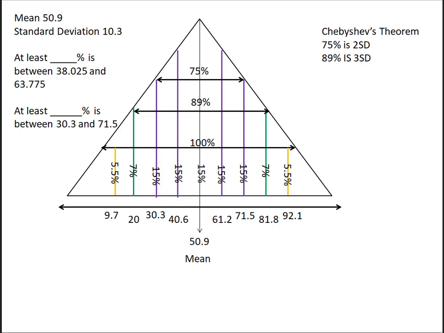This problem says at least blank percentage is between 38.025 and 63.775. The second part of the problem says at least blank percentage is between 30.3 and 71.5.